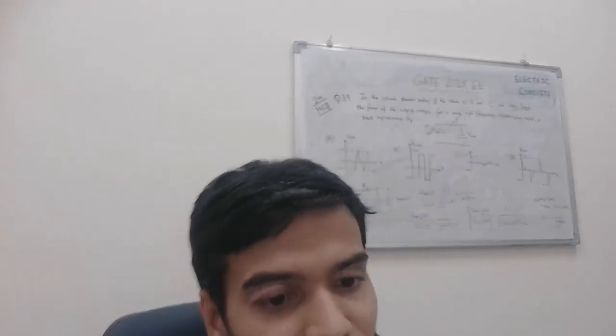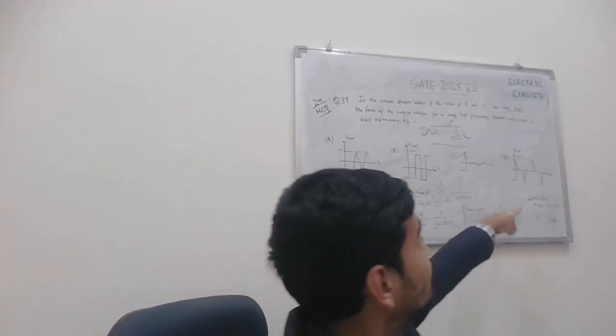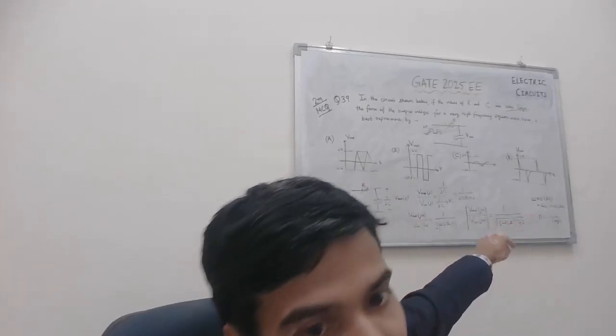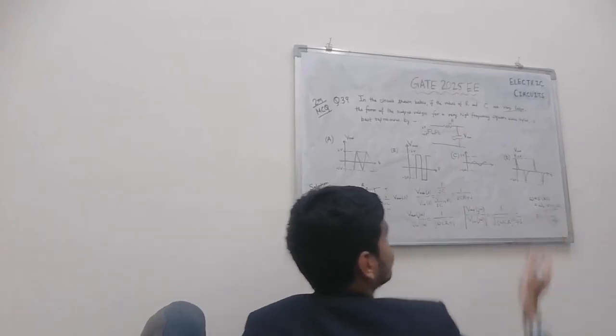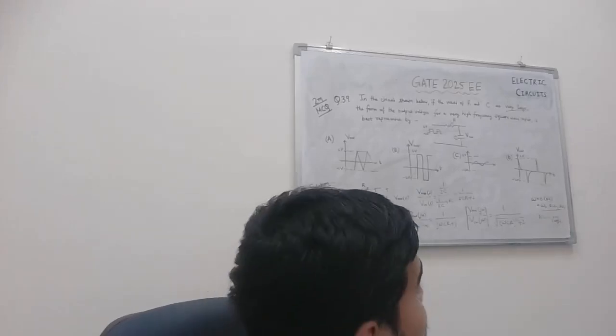We are only concerned with the gains for the frequencies which are integral multiples of the fundamental frequency, that is omega naught, 2 omega naught, 3 omega naught, etc.